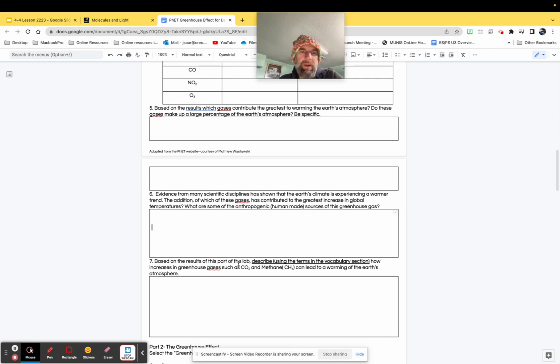So based on the results of this part of the lab, we're going down to this one: describe, using the terms in the vocabulary section, how increases in greenhouse gases such as CO2 and methane can lead to a warming of the Earth's atmosphere. So what you are to do is this.